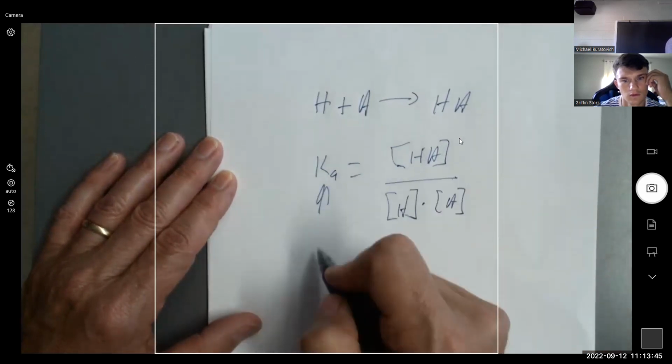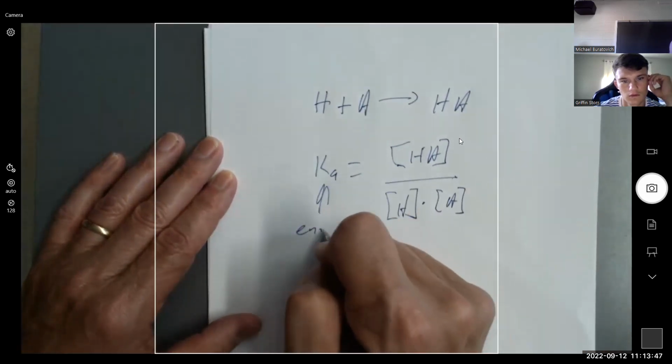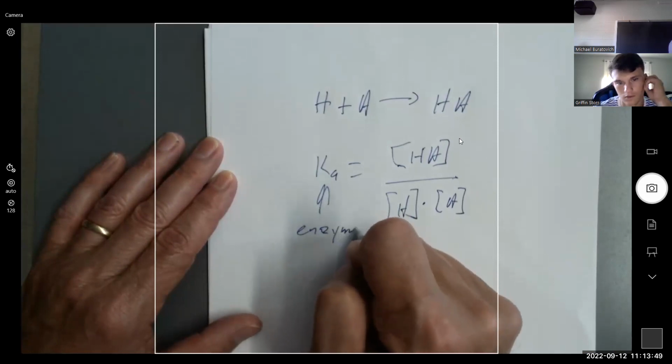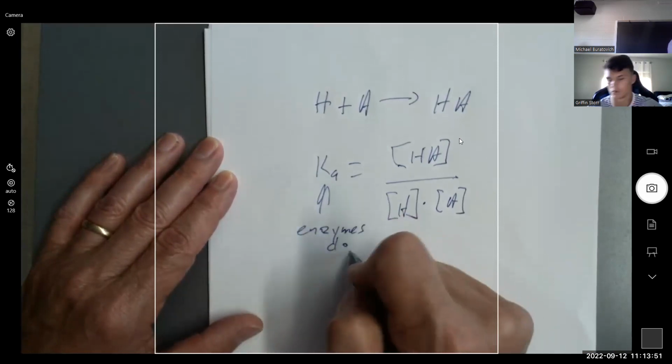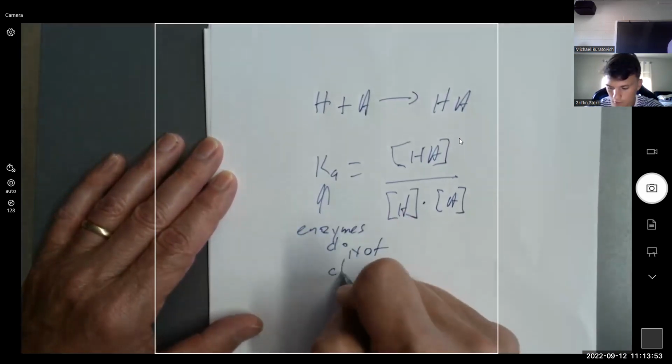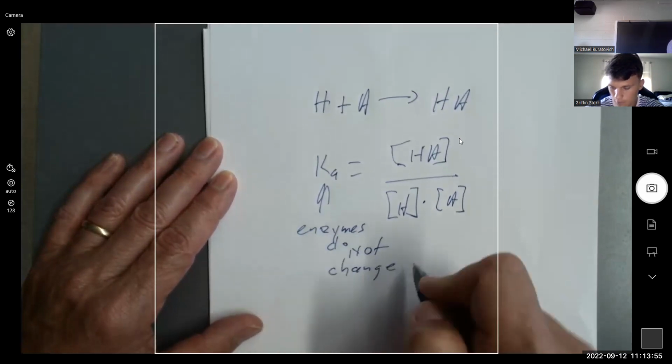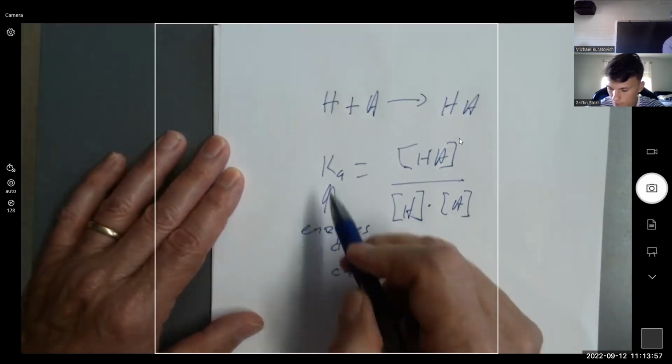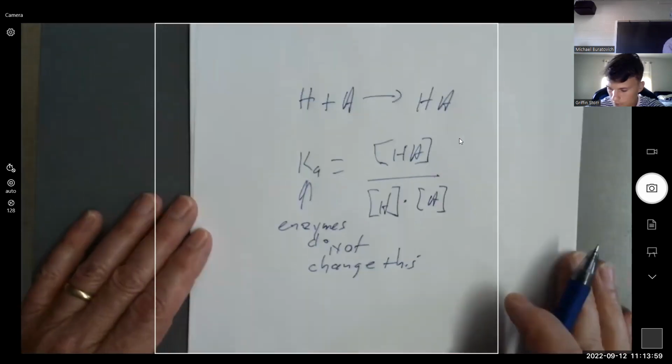All right, enzymes don't change this. That's inherent to the reaction.